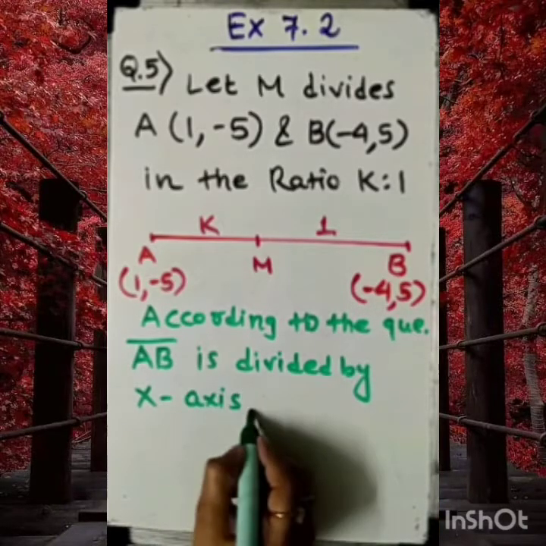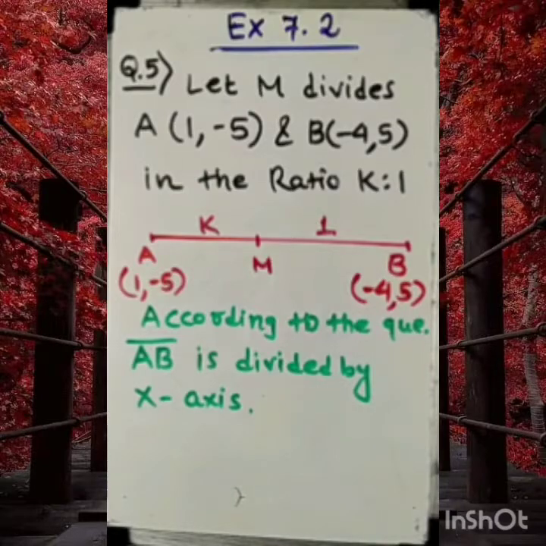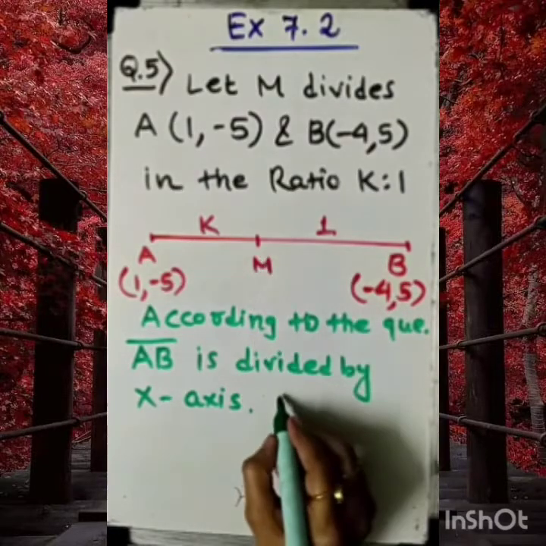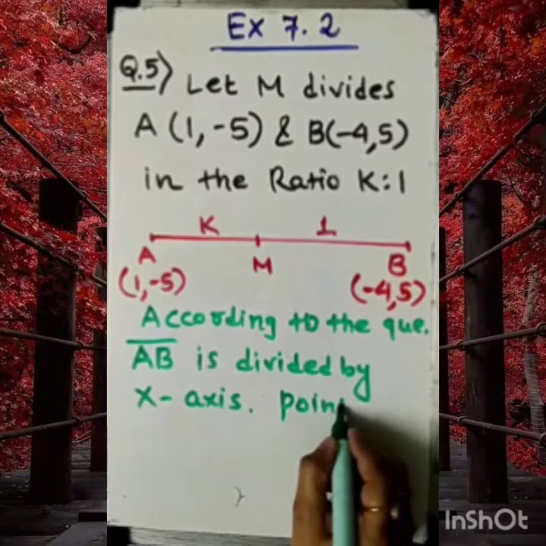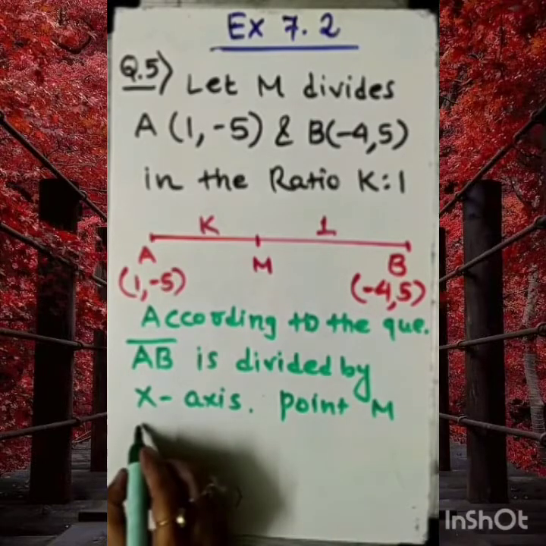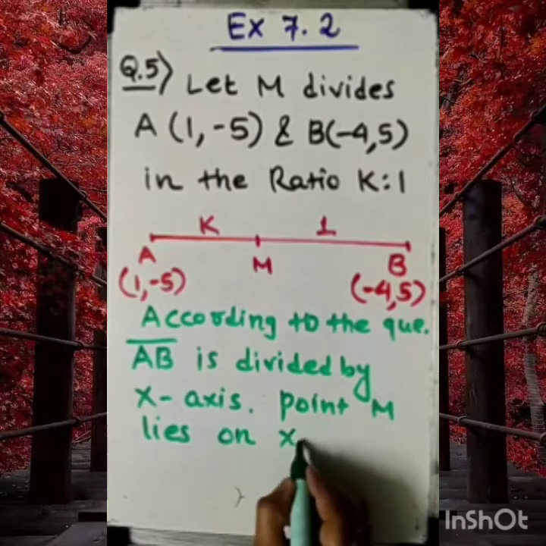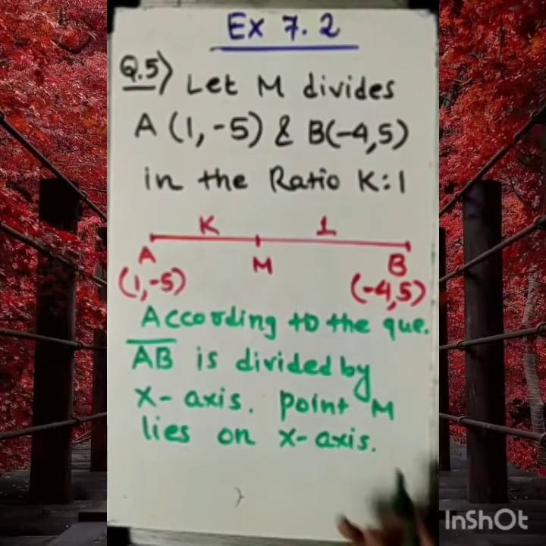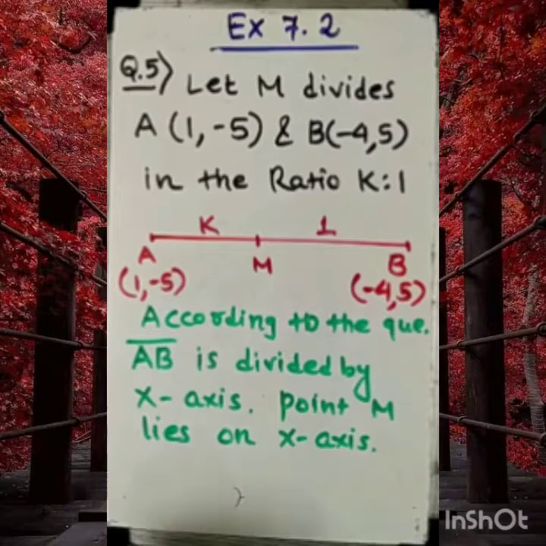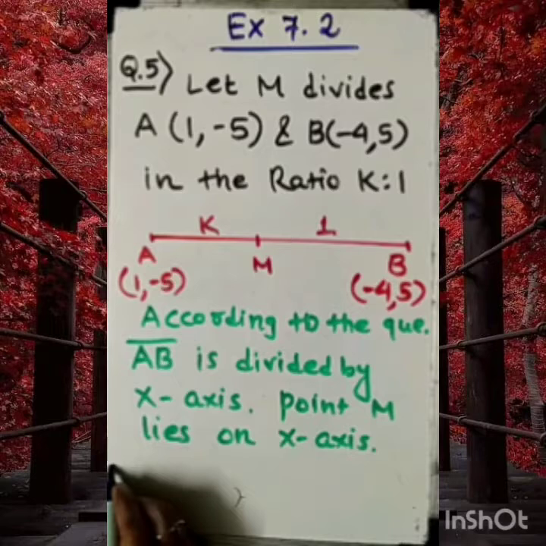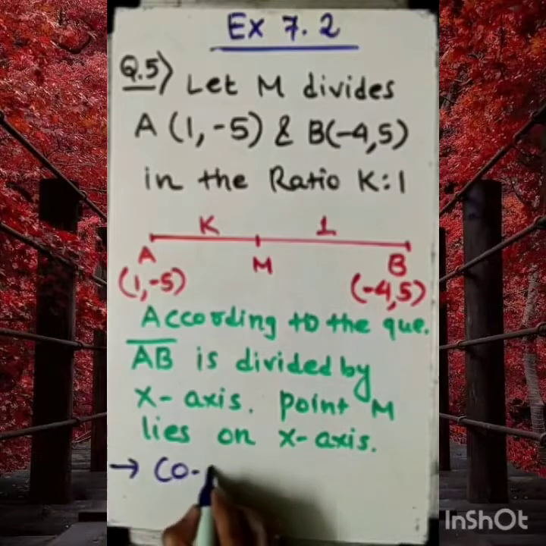If it is divided by the x-axis, it means that point M must lie on the x-axis. And dear student, when any point lies on the x-axis, its y coordinate is 0. So what will be the coordinates of M?